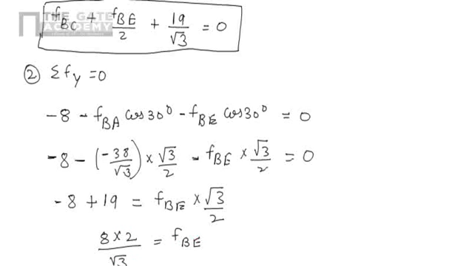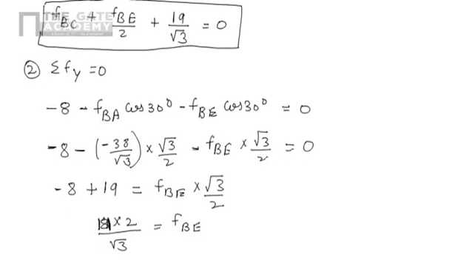So for FBE, here it is 19 minus 8, which will be 11. So it will be 11 into 2 by root 3.